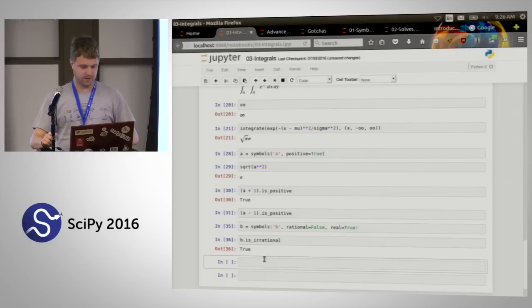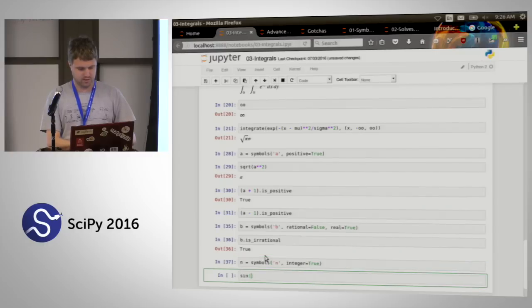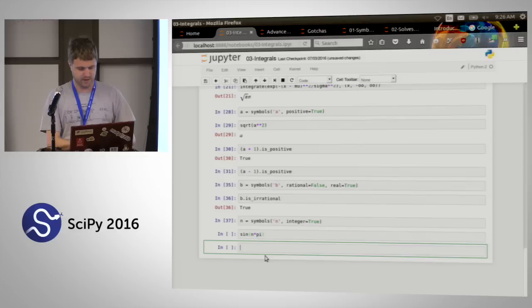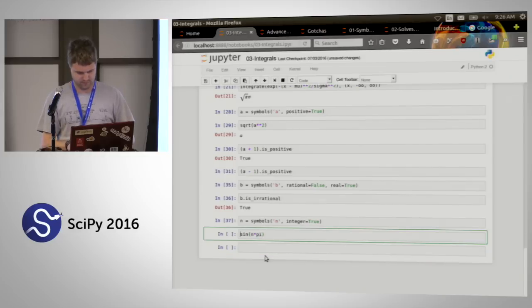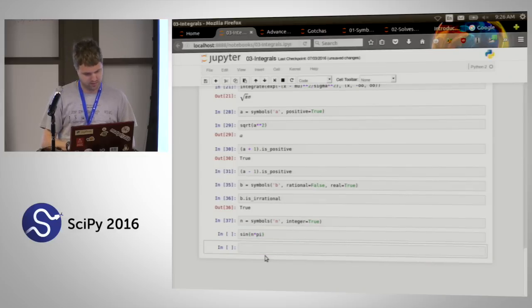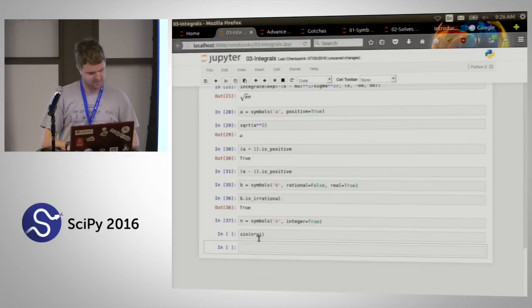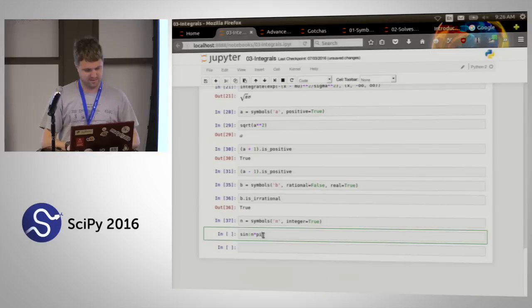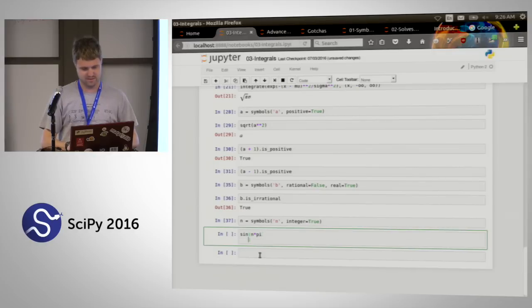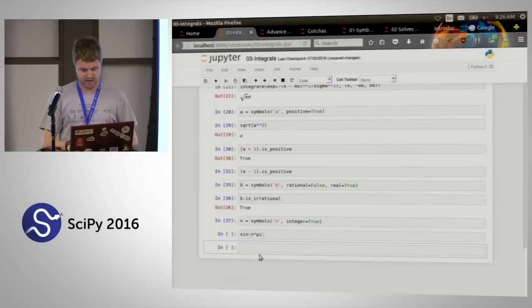And the other possibility is, if I say n is integer, and then I say sine of n times pi, why did that not evaluate? Shift enter. Did I use up my quota of executions here? Okay, I don't know what's going on there.